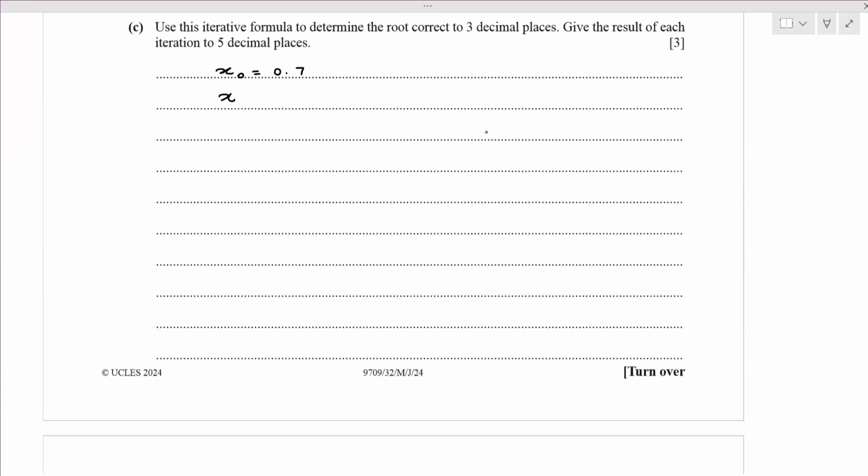So the second value will be x1, and x1 will be half ln(5 plus cos 3x), x की जगह पर क्या रखा, 0.7. So the answer is 0.75149.